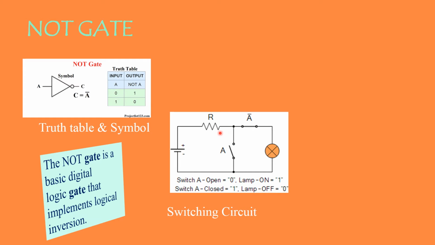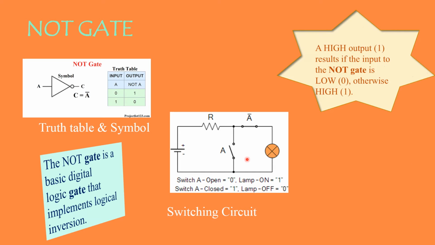That means your electrons will flow through this wire and you will have the load glowing and a high output produced. Whenever your switch is closed, this will make a closed circuit and your electrons will be grounded. So you won't have your load glowing, or producing an output. So this is the logic behind your NOT gate.